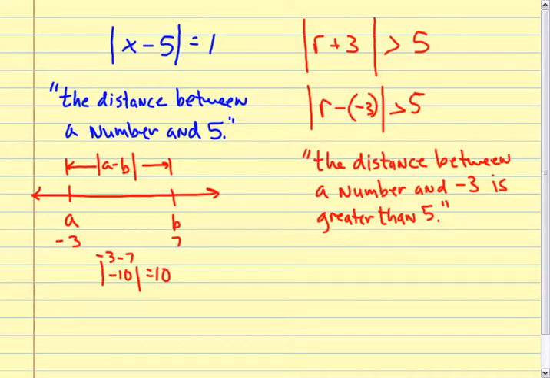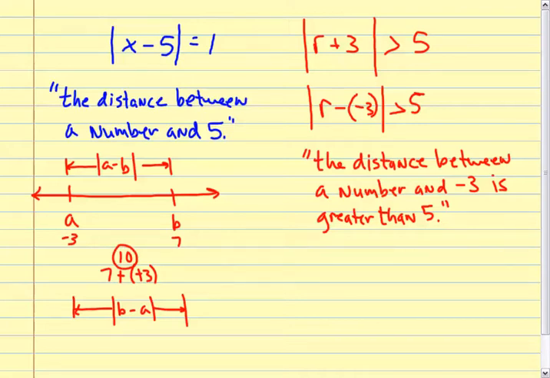So the distance there would be 10, and it doesn't matter which one I use to subtract. If I do 7 minus -3, B minus A, the distance from here to here is also the absolute value of B minus A. 7 minus -3 is 7 plus 3, which is 10, and the absolute value of 10 is 10.